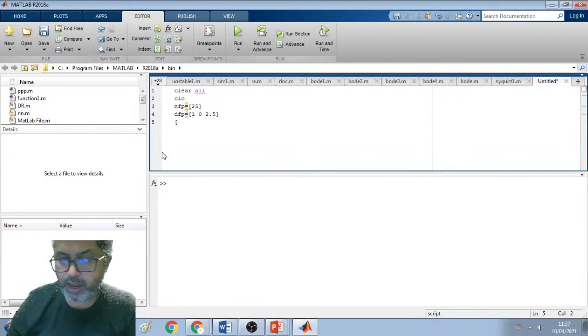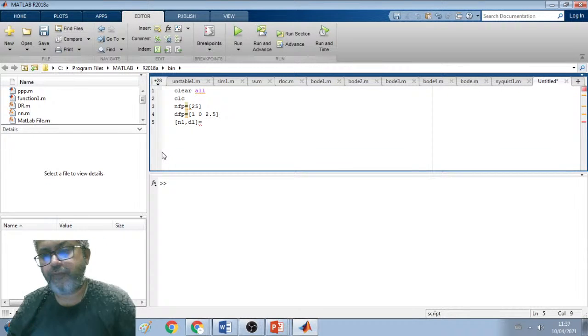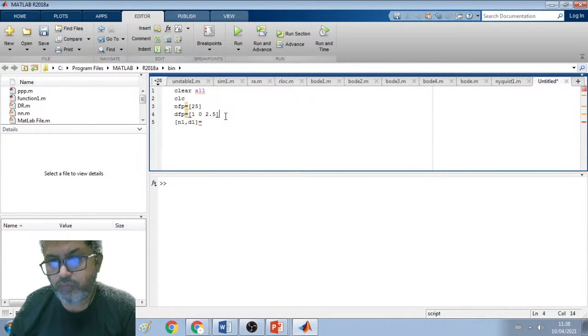Then I will say N1 comma D1 is equal to, this is a unity feedback system. These NFP and DFP are the forward path. Feedback path gain, feedback is unity feedback, H(s) equal to 1, that is 1 upon 1.